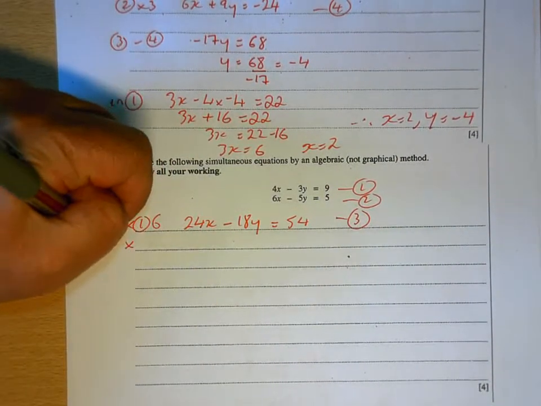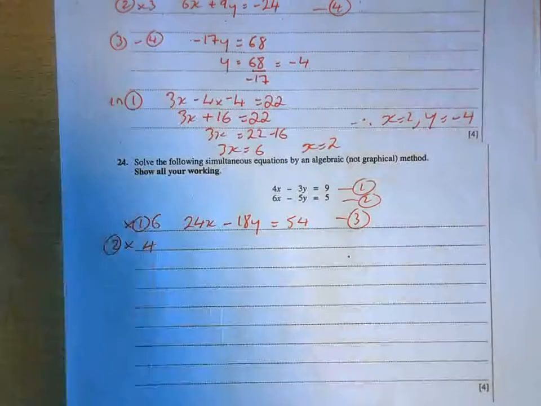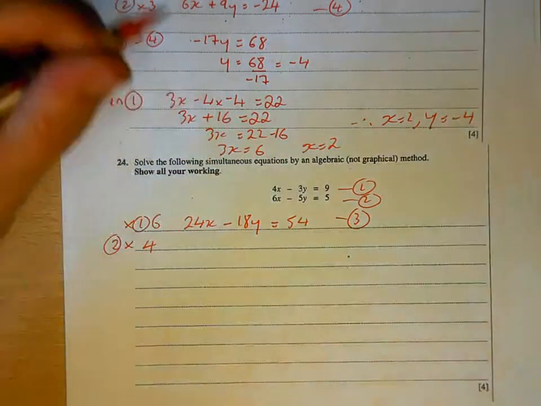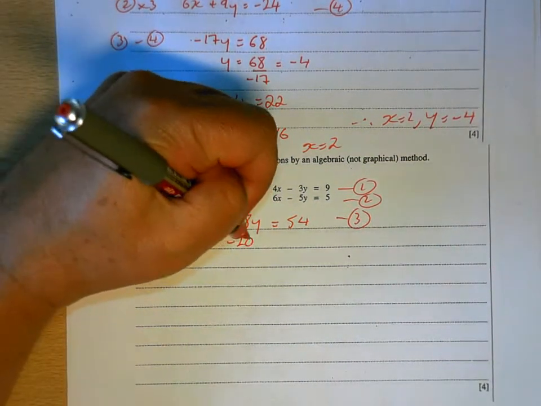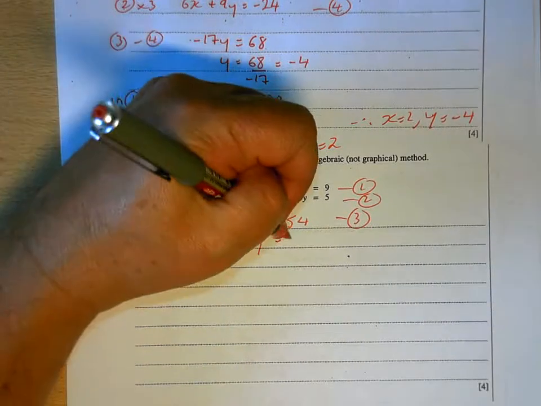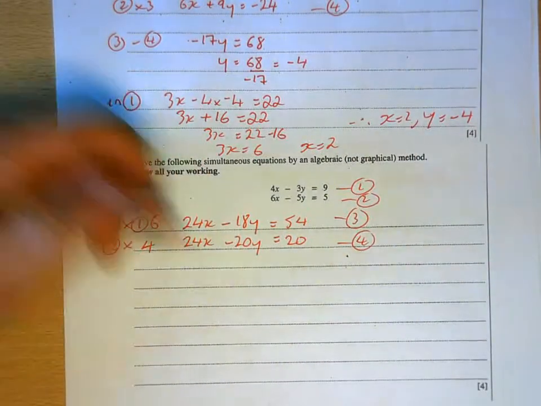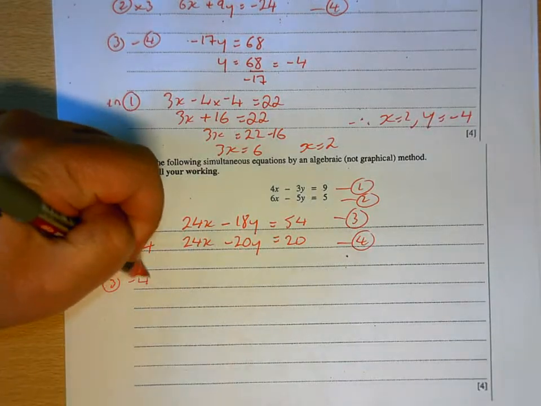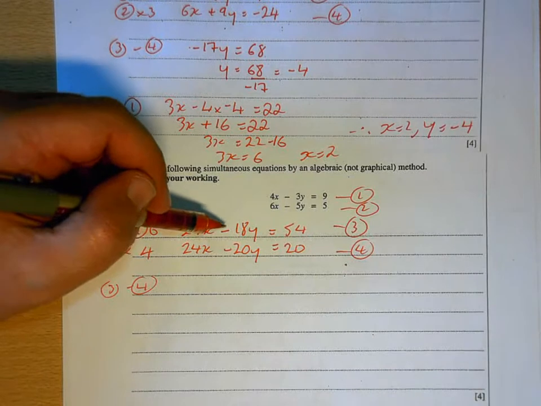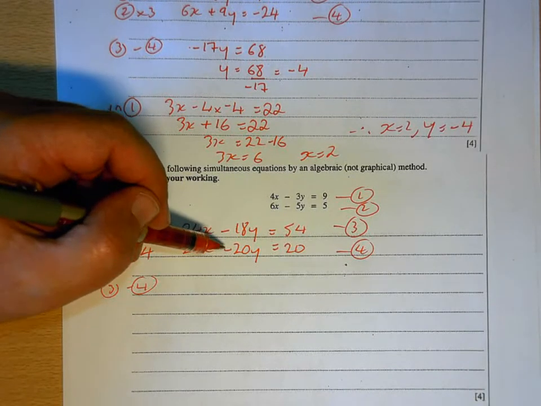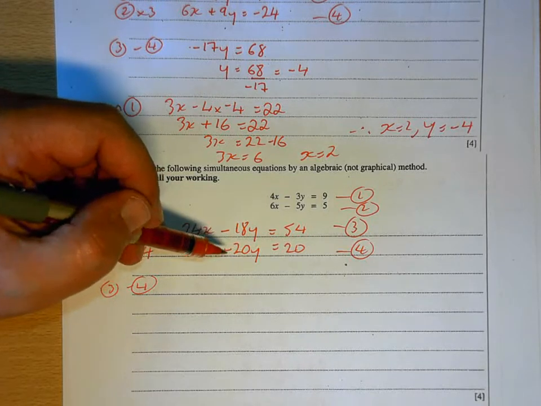We're going to equation 2, we're going to multiply by 4. So we get 24x minus 20y equals 20. 3 take away 4. They have gone. So let's deal with this one now. Negative 18, and I'm taking away negative 20.